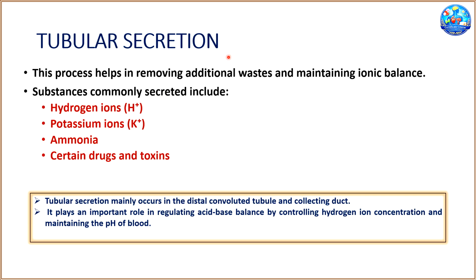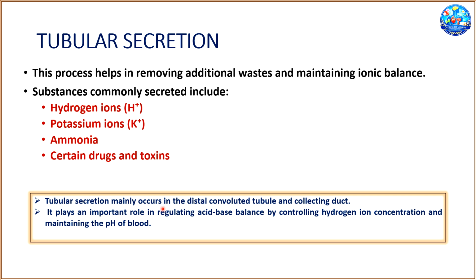Next comes tubular secretion. This process is mainly done to remove toxic substances or waste products that are retained in the blood, and also for maintaining the ionic balance. The substances that are secreted include hydrogen ions, potassium ions, ammonia, and most importantly, some drugs and toxins.